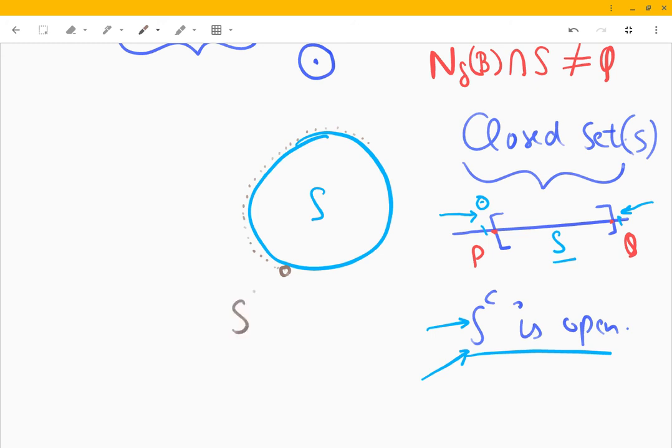That means it will lie in S complement. That means it is an interior point of S complement. Why? Because its entire delta neighborhood is in S complement, which implies S complement is open, which implies S is closed.